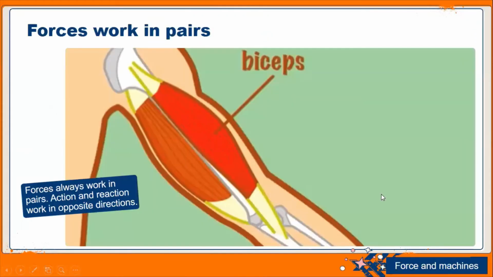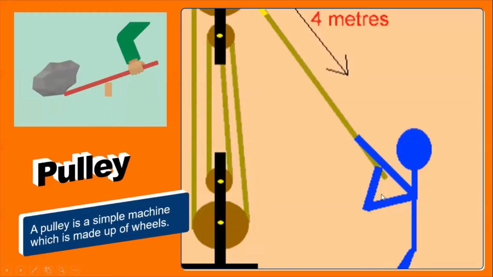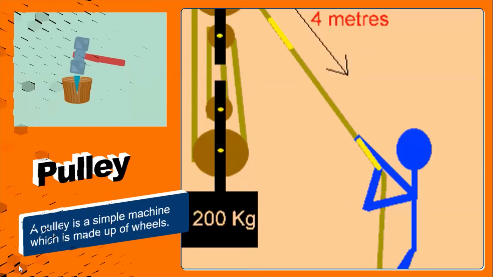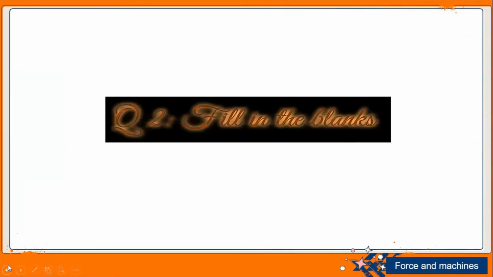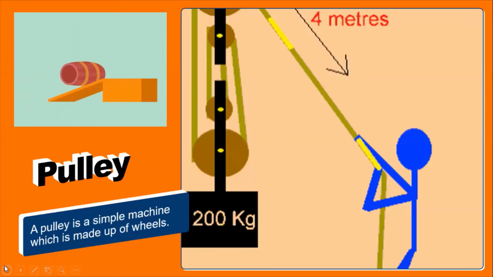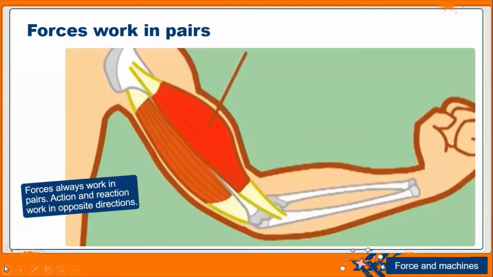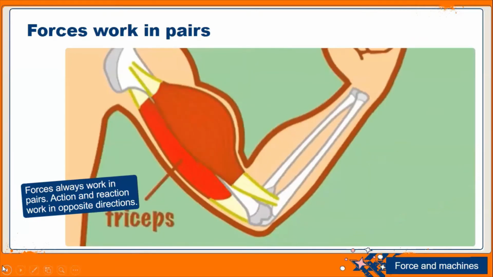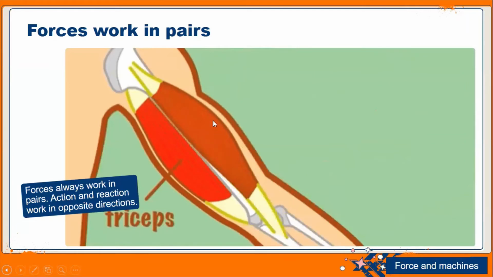Force always works in pairs. Students, we know that force always works in pairs. This principle is used in space rockets or jet planes. Their engines expel hot gases and the reaction pushes them in the opposite direction.